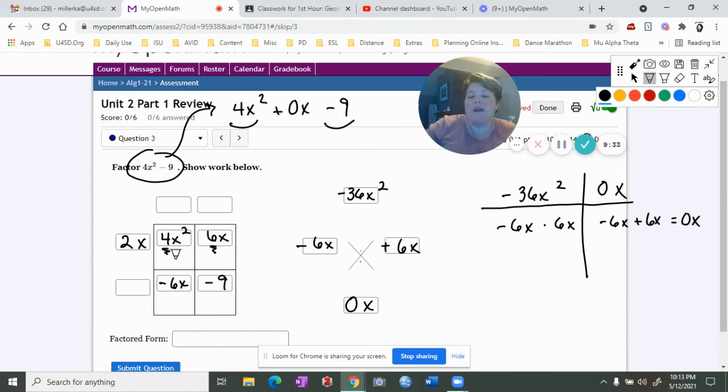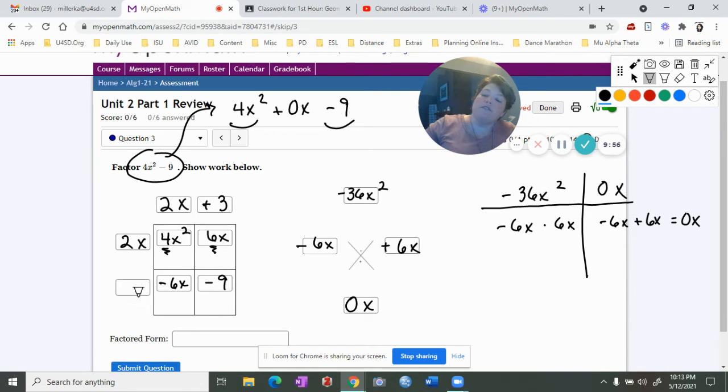2x times what gets me to 4x squared? Well, 2 times 2 is 4, and x times x is x squared. 2x times what is 6x? Well, 2 times 3 is 6, and then the x is already there, and that's a positive 3.